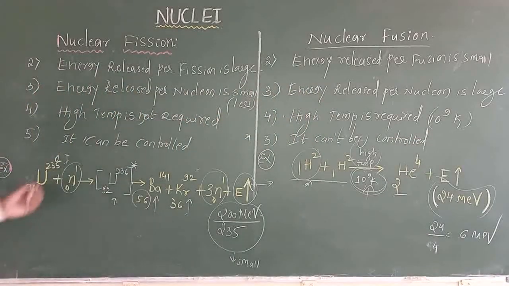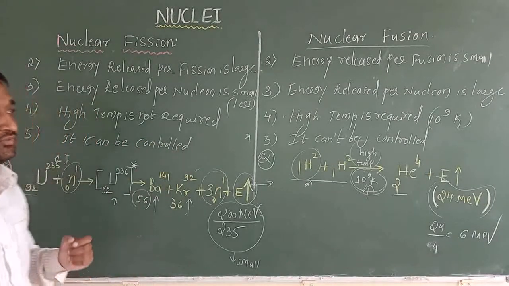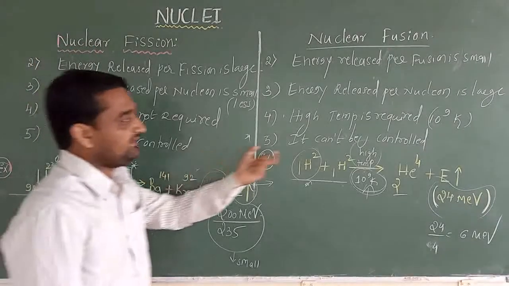Nuclear fission reactions can be controlled. We have the nuclear reactor, where controlled nuclear chain reactions take place and a large amount of energy is released. Fission can be controlled, but fusion cannot be controlled.